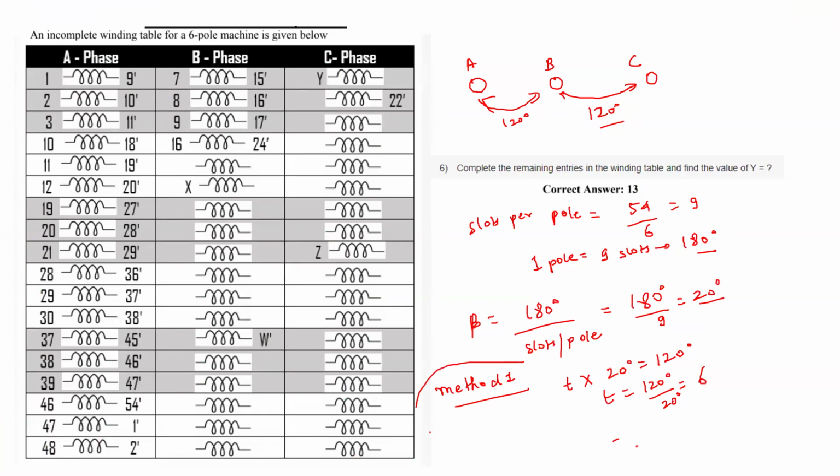You just see this. So in this way, you know that 6 slots are making up 120 degrees. Why is slots per phase not valid here? I think it is because it is a short pitched coil.